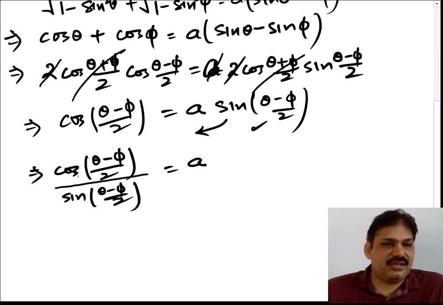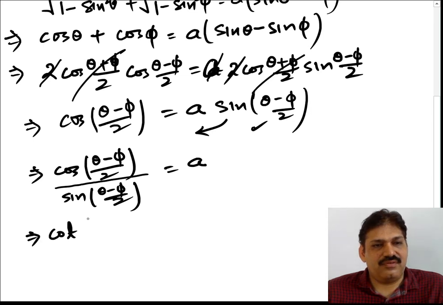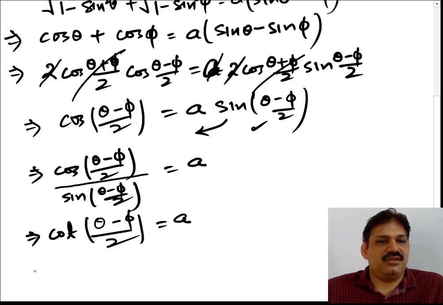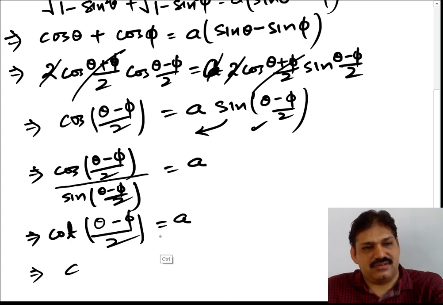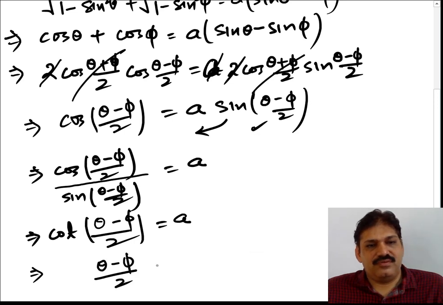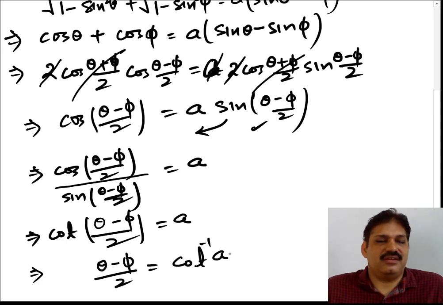So now it can easily be seen cos upon sine is cot, so cot of theta minus phi divided by 2 is equal to a. Taking cot inverse to both the sides, we get theta minus phi upon 2 is equal to cot inverse of a.